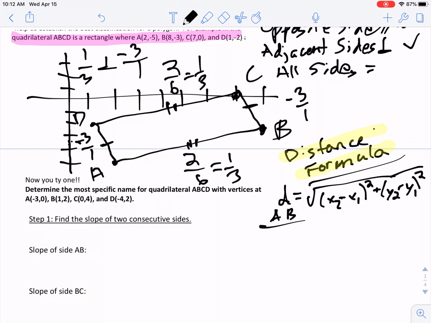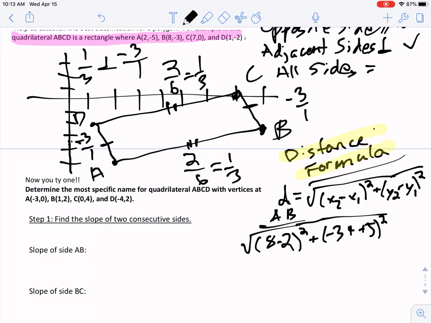the square root of 8 minus 2 squared, plus negative 3, not comma, minus negative 5 squared. That will become an add there.